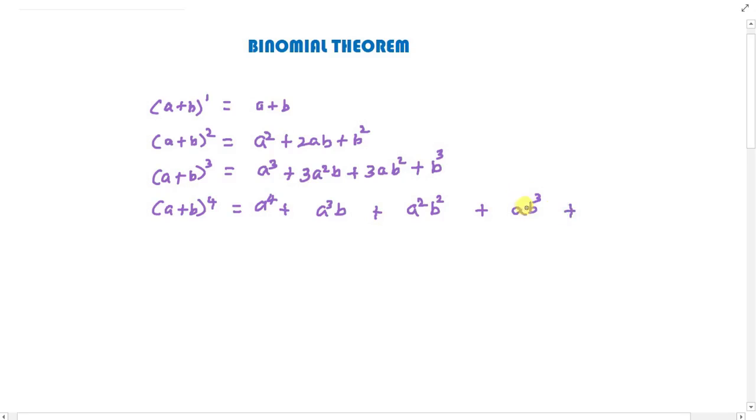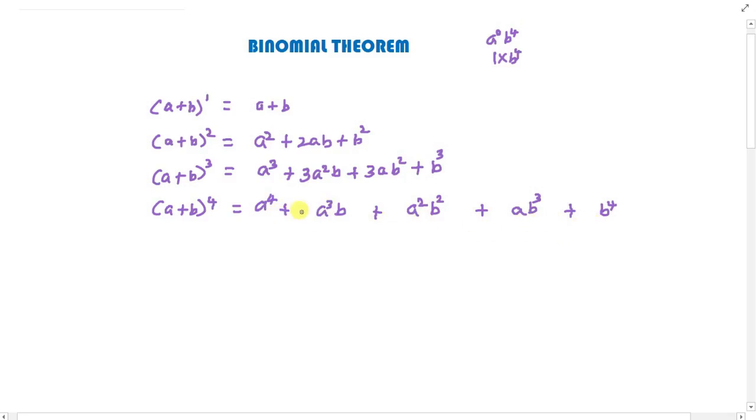Anything power 0 is 1. And the power of b will be increased by 1, b power 4. So this is a power 0 into b power 4, where a power 0 is 1 and 1 into b power 4 is b power 4. So I have written 5 terms: 1, 2, 3, 4, 5.